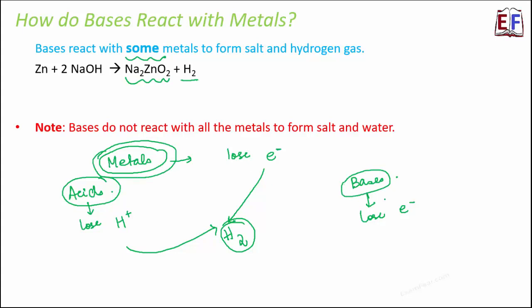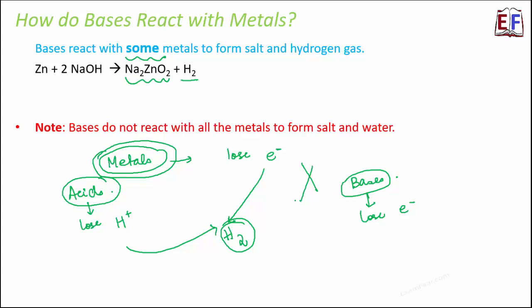So who will gain that electron? Nobody. As a result, there is no preferred direction for the electrons to go, because everybody is willing to lose electrons and nobody is gaining. So the reaction will not be able to take place, and as a result, bases do not react with most metals.